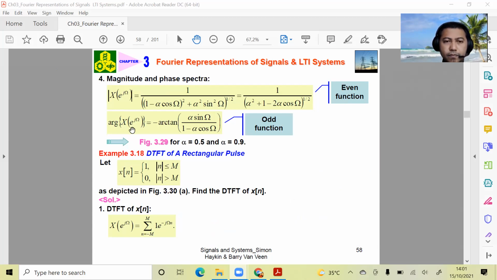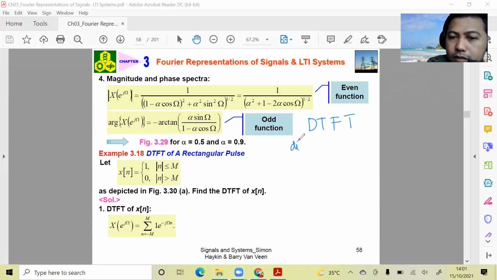We want to focus on the discrete time Fourier transform, meaning that the input should be discrete and non-periodic. Sorry, discrete plus non-continuous.